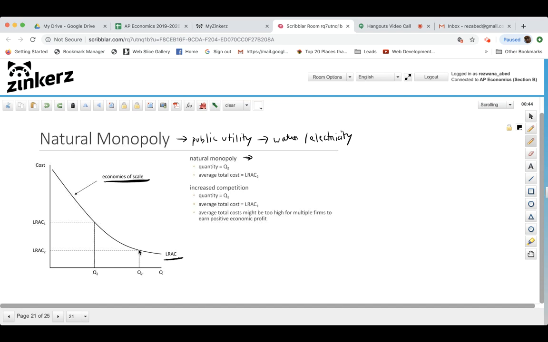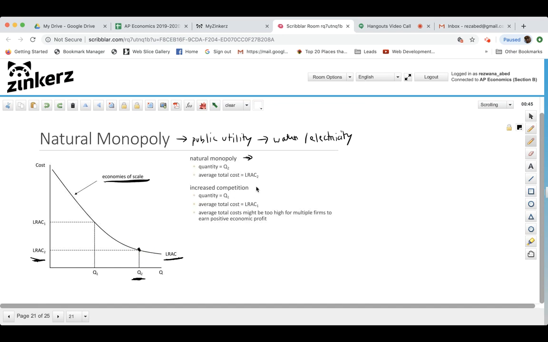So let's say they produce at this quantity Q2, or this would be the number of customers they are servicing. They're servicing this many customers at Q2, and the long run average cost associated with servicing Q2 customers is this LRAC2, which is really low.